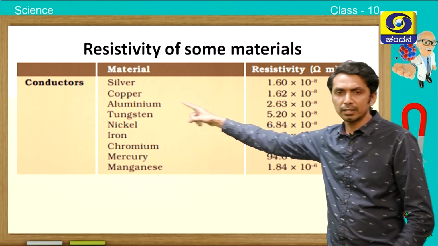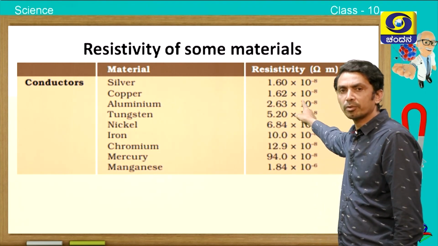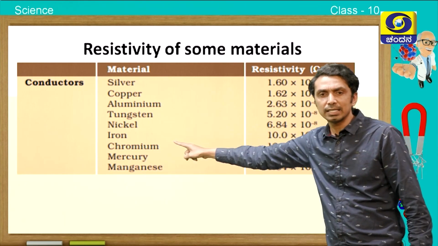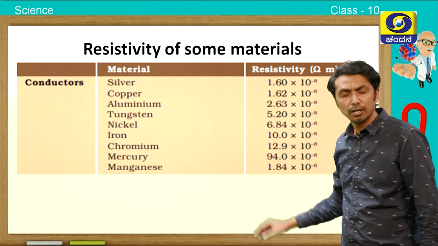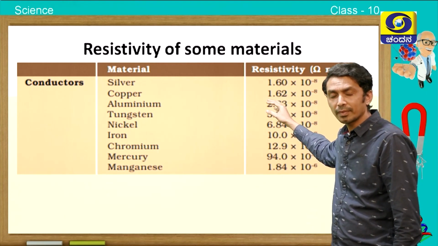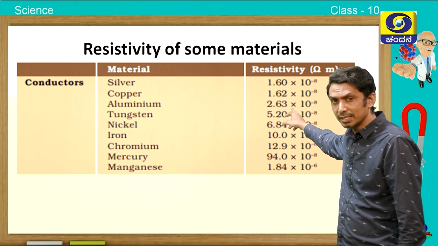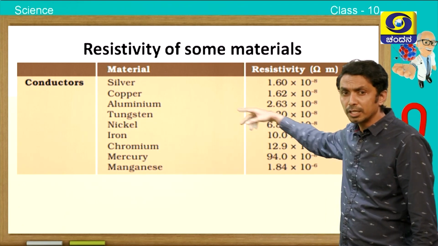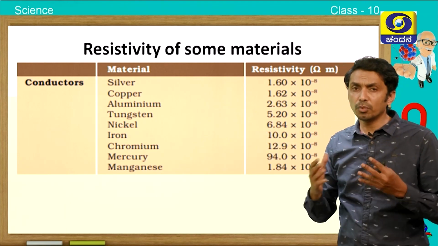You will compare the resistivity of copper, 1.62 into 10 to the power of minus 8, and the resistivity of iron, which is 10 into 10 to the power of minus 8. Which is lesser? Yes, here the resistivity of copper is less. That means in these two, copper and iron, which will have more electric current?